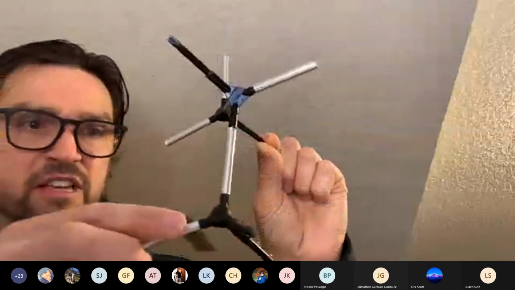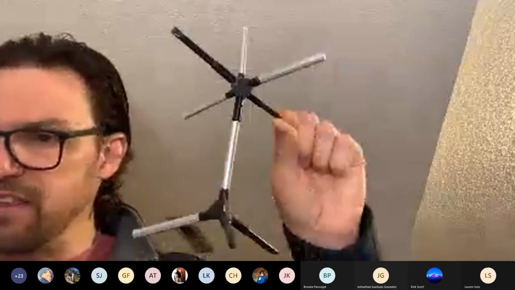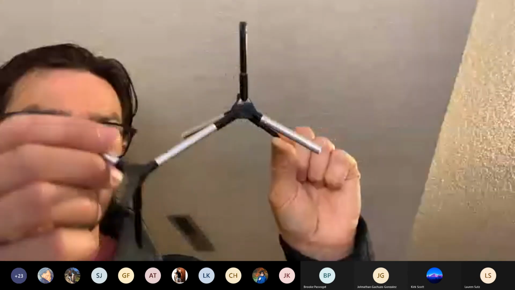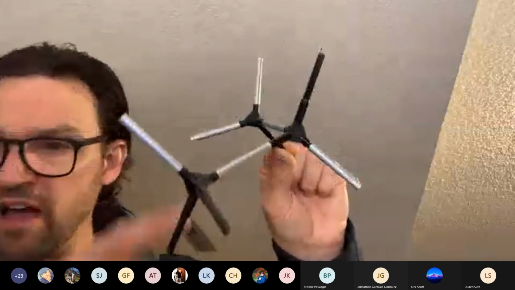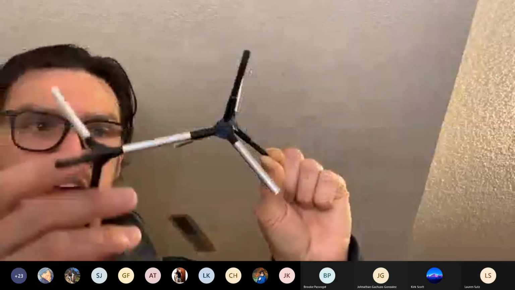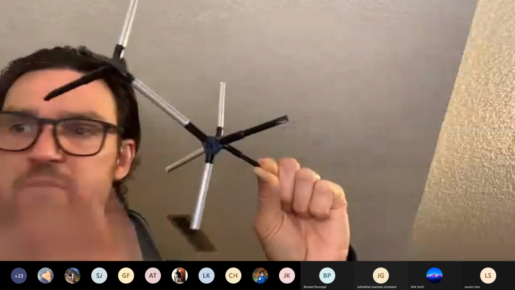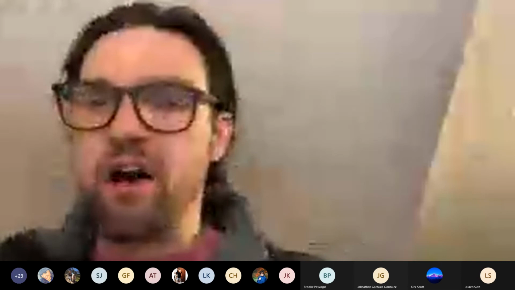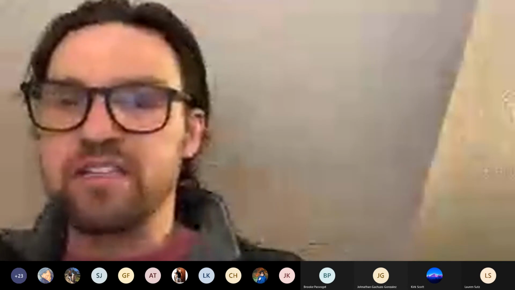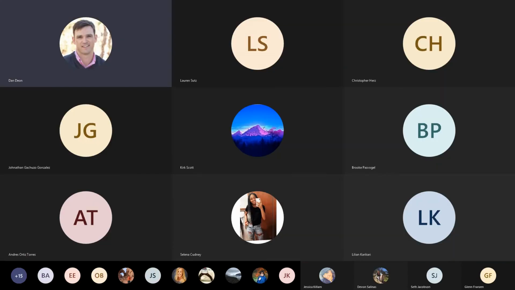If I rotate it another 60 degrees, now you can see that it's staggered again. If I rotate it another 60 degrees, I have another eclipsed conformation, and the methyl is blocking a hydrogen. And I can keep doing that every time I rotate it by 60 degrees. I go from staggered to eclipsed. And that's what we were seeing in that conformational analysis in the slides.